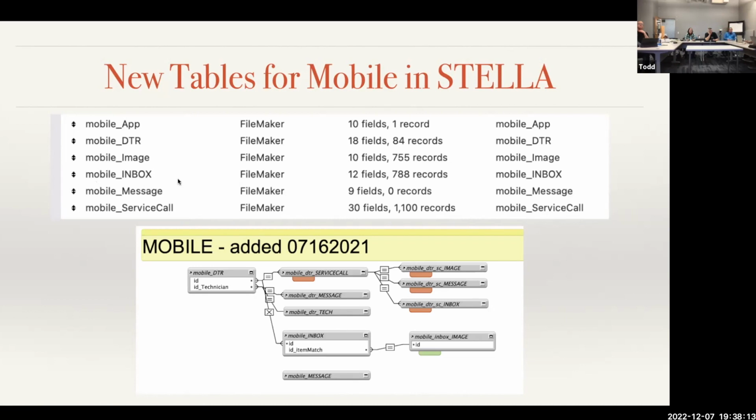We have an inbox, which is where the images come in as base64 text. So they go into the inbox first and get processed. The messages, like I said, 0 records, nobody's using that yet. And then we've got service call, and that has the bulk of the information. And then here's our little table for the mobile DTR, and it is nice and small.